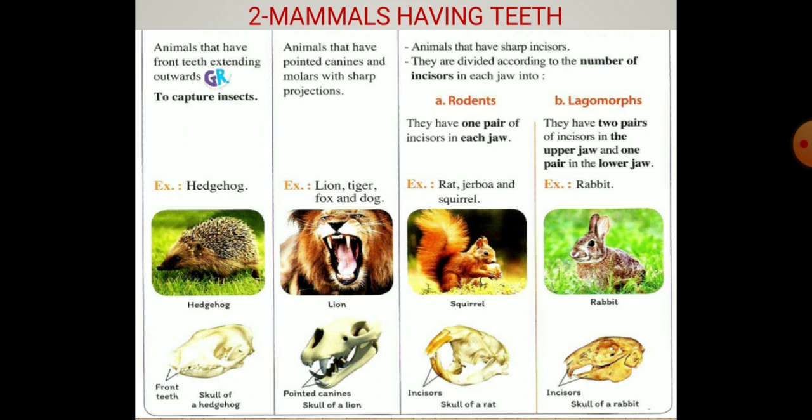They are divided according to the number of incisors in each jaw into rodents and lagomorphs. The first have 1 pair of incisors in each jaw, but the next type have 2 pairs of incisors in the upper jaw and 1 pair in the lower jaw, such as rabbits.